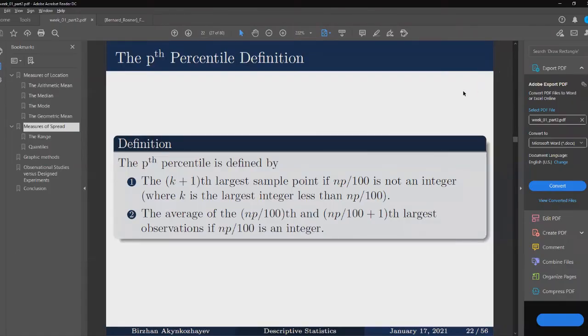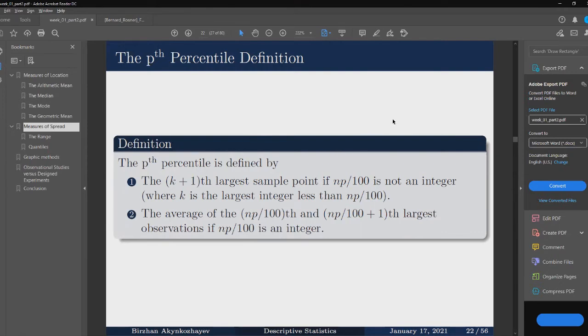There is no single standard definition for percentile. And unfortunately, if our data set is small, they might give us extremely different results. However, all definitions will yield more or less same results if our data set is large. I will be using the definition given in our book, which is defined as follows.